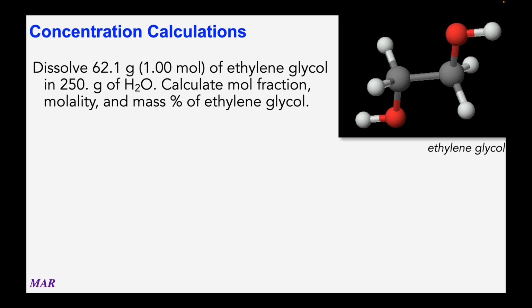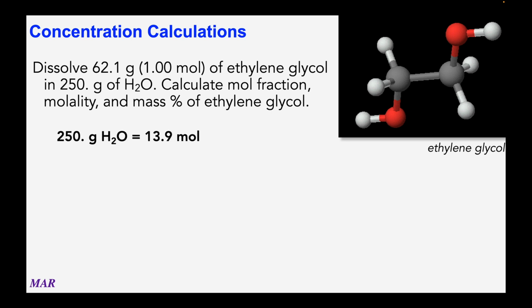We can use this information to calculate the mole fraction, that chi, molality, which is little m, and the mass percent of the ethylene glycol. And there's the formula up there. And by the way, you can see the ethylene glycol has not just one, but two OH sections, so it gets along really well with water. They're very miscible, all that kind of stuff.